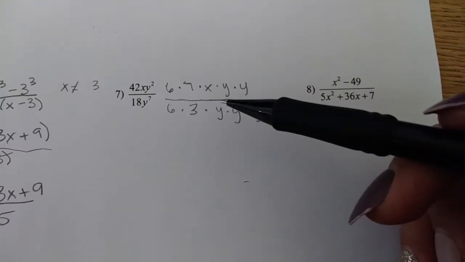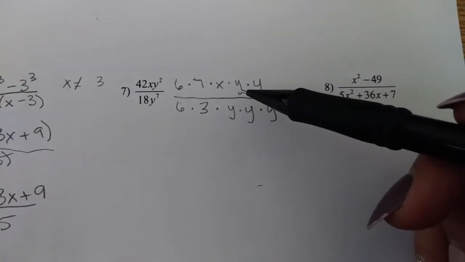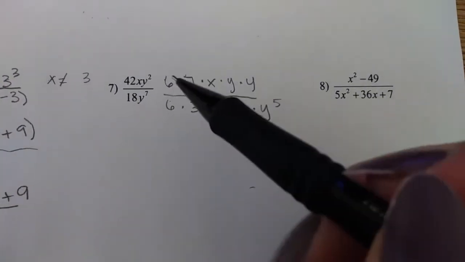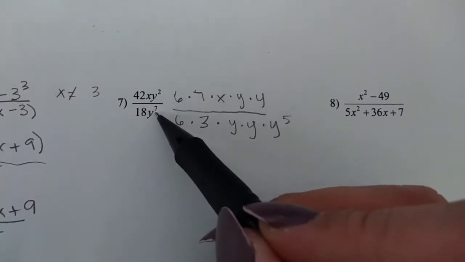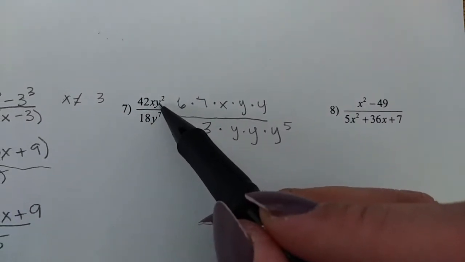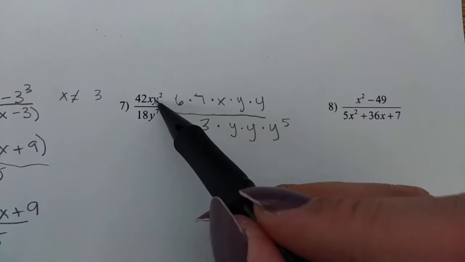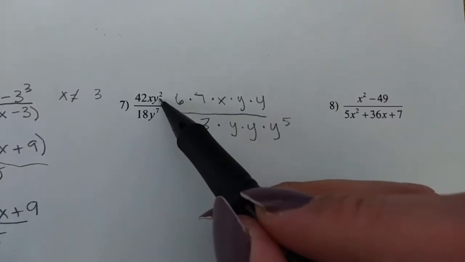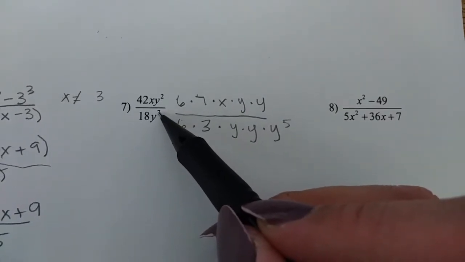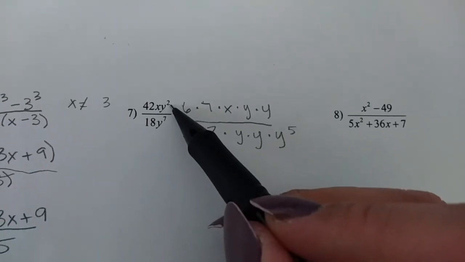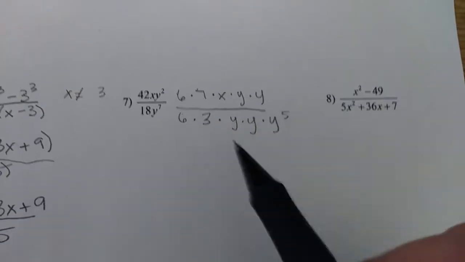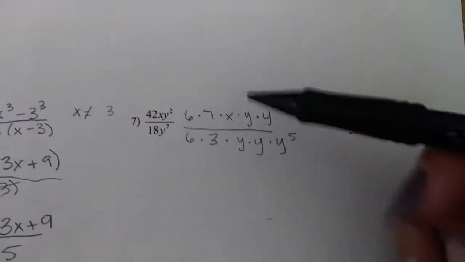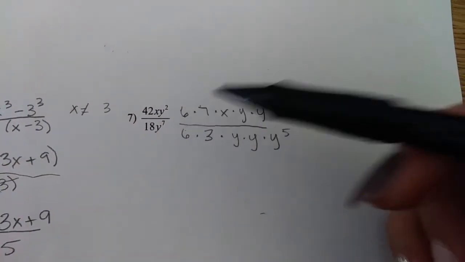Some of you can do it in your head, and some of you from Algebra 1 can look at this and automatically say that the y's cancel out, because when you have like variables dividing, you're going to subtract the exponents. But some of you don't remember, and so that's why I'm writing it all the way out for you. So I know that 6 cancels out.